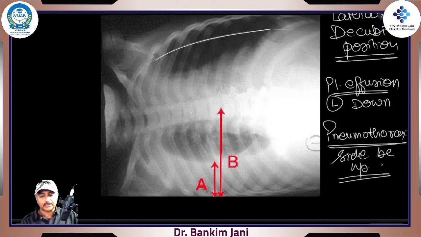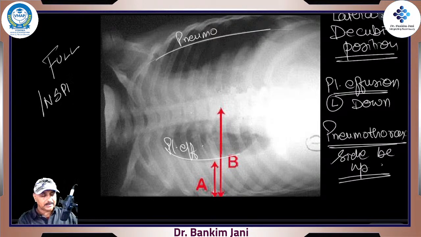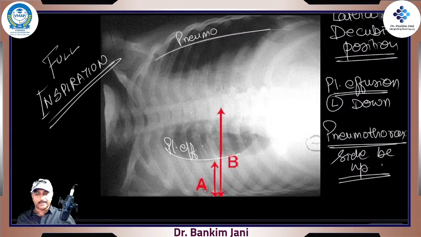So in pneumothorax it would be here, and in pleural effusion it would be like this. No doubt about it, do remember, chest X-ray should always be taken in full inspiration.